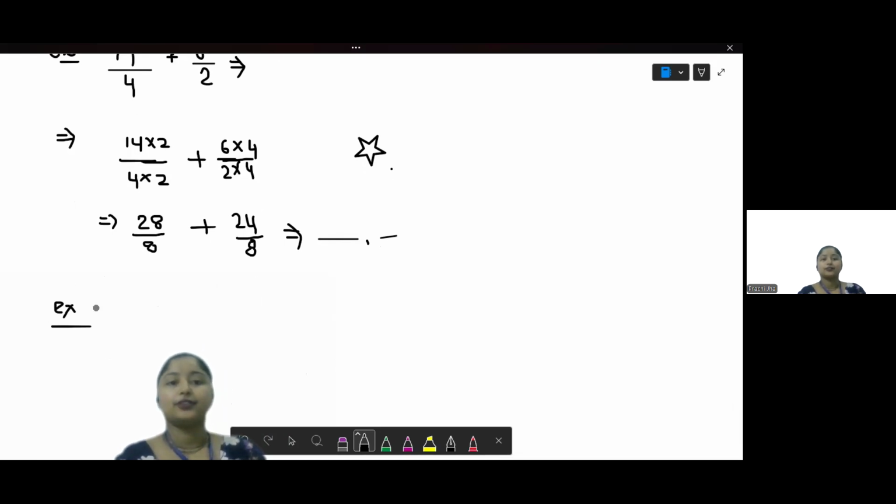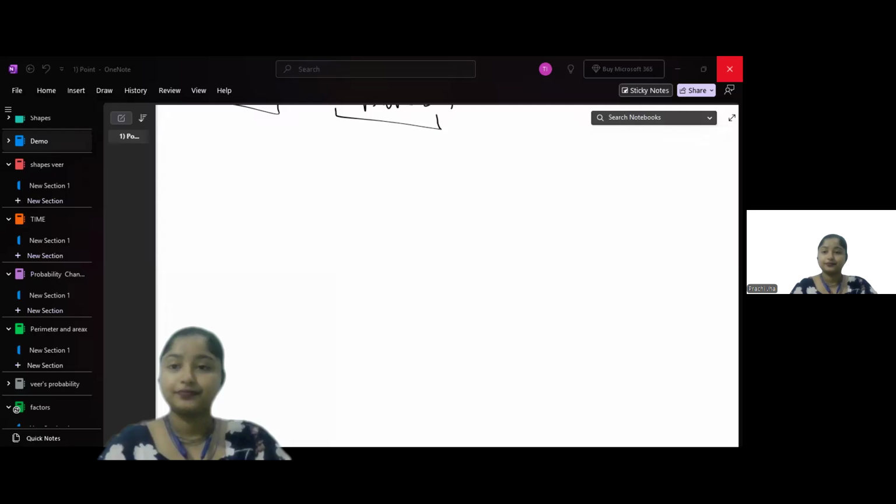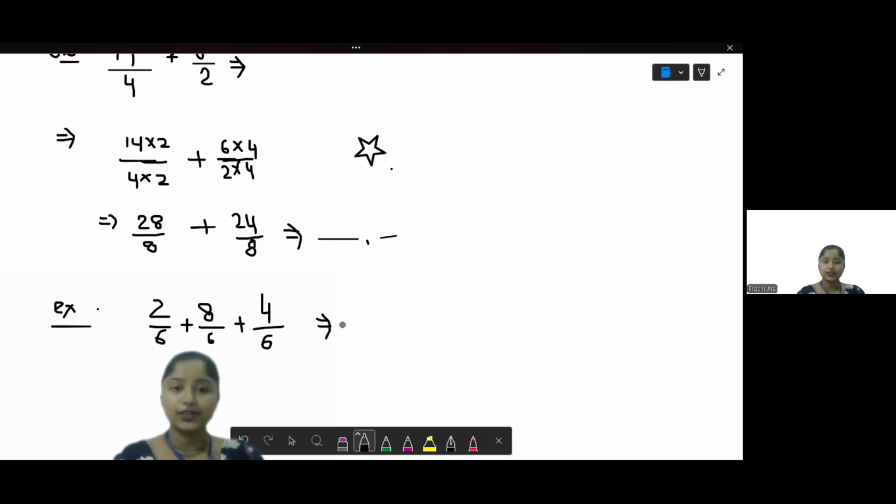Okay, now let's do one more type of question on fraction addition. Can you try doing this question? We have 2 over 6, then we have 8 over 6, and then we have 4 over 6. We have these 3 numbers. Now, how to add these 3 fraction numbers?